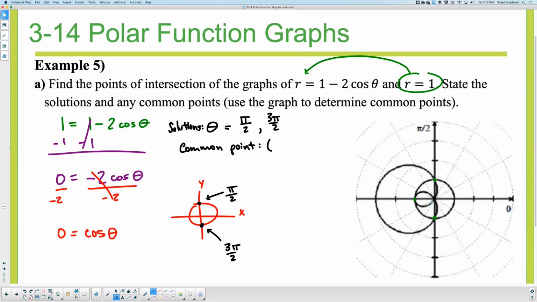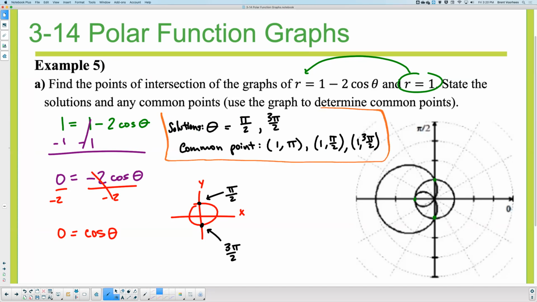So we have the common point at radius of 1, pi, and then these two where they intersect, which would be 1 comma pi over 2 and also 1 comma 3 pi over 2. Those are the common points, but these are the only 2 solutions. Make note of that. The solutions won't always be where the graphs appear to intersect. Those could be common points, but not necessarily solutions.